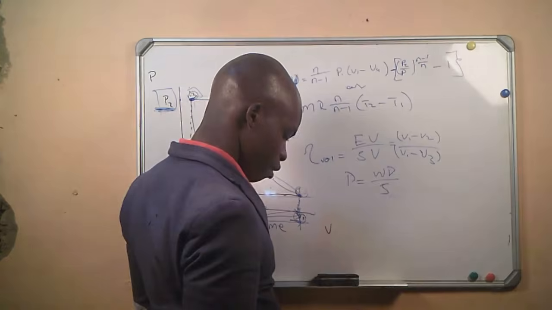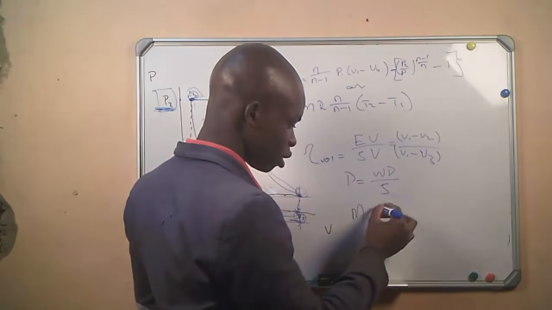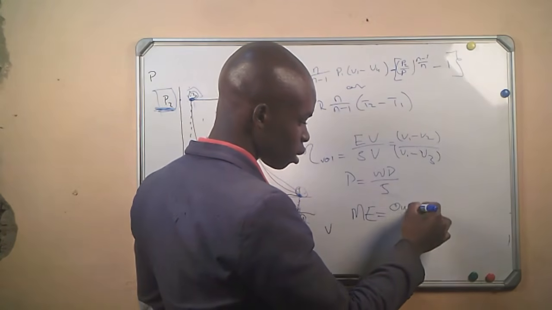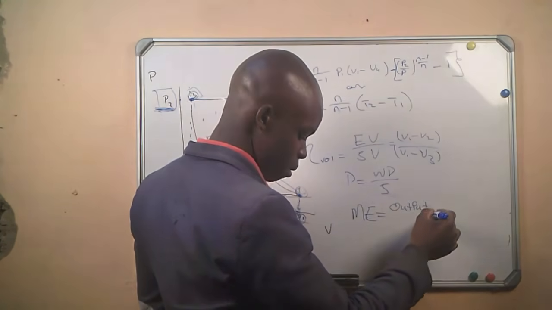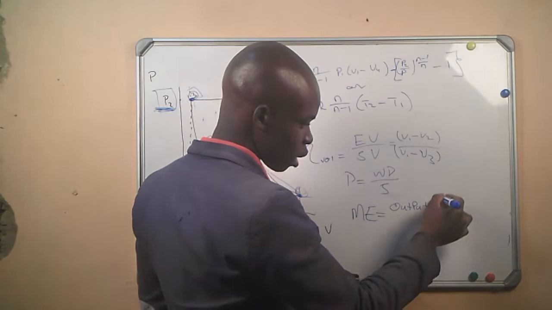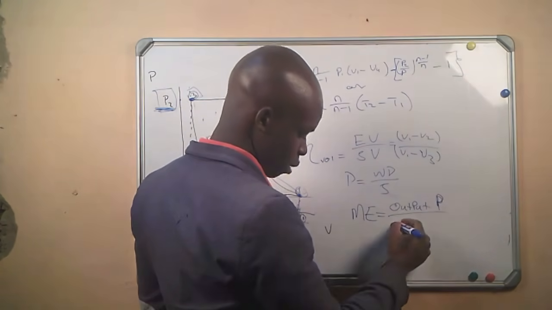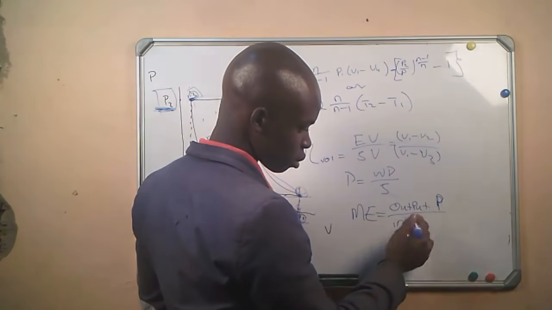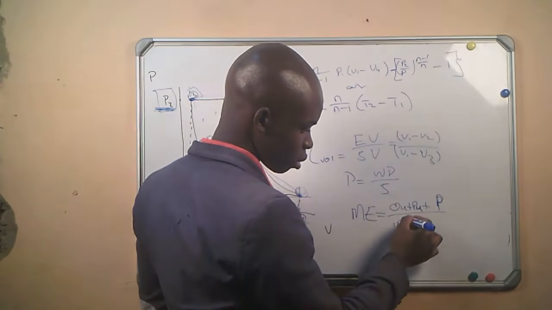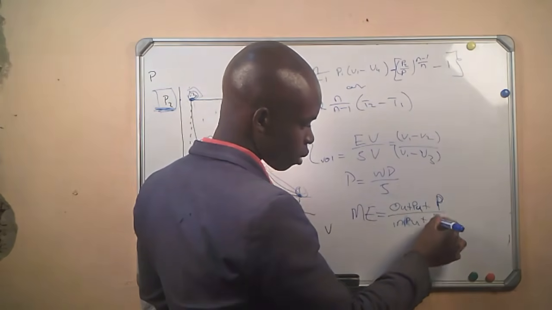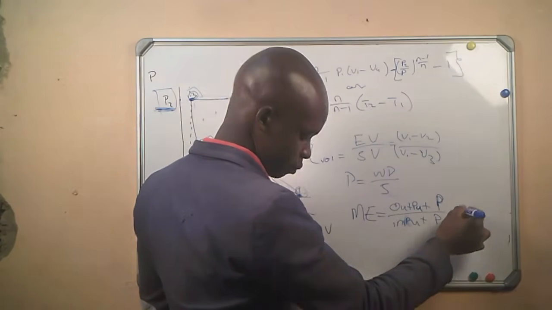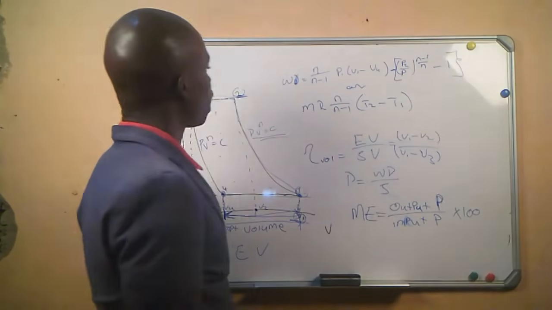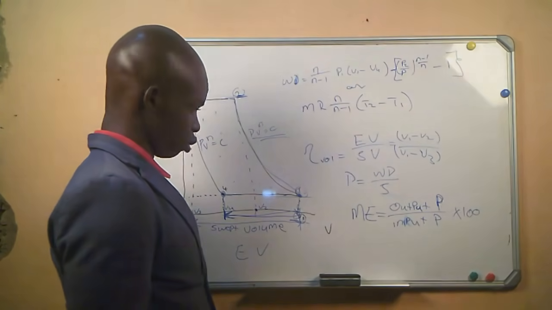And then we have the formula for mechanical efficiency, which is equal to the output power divided by the input power times 100. And then that is everything that we need.